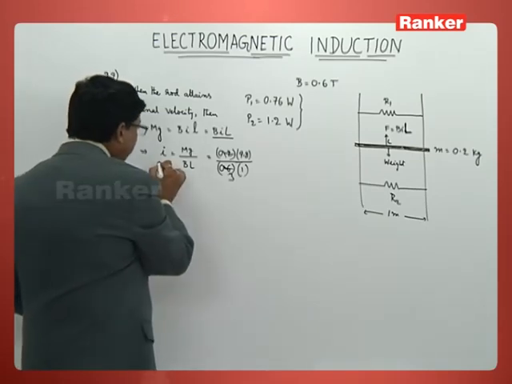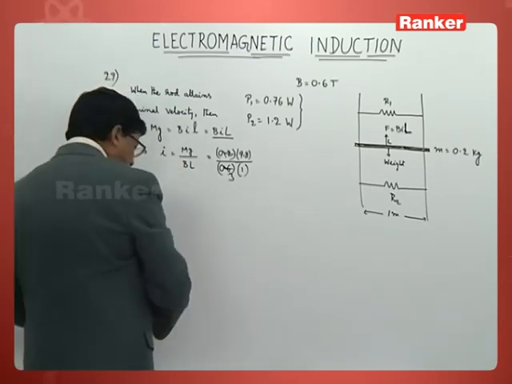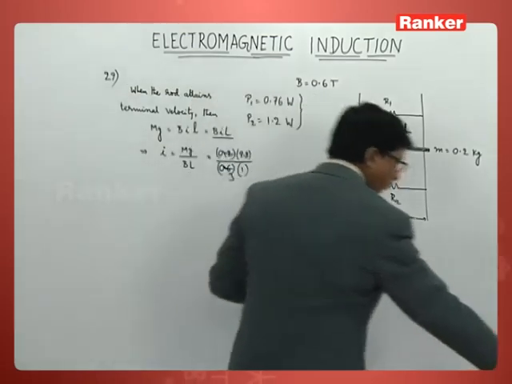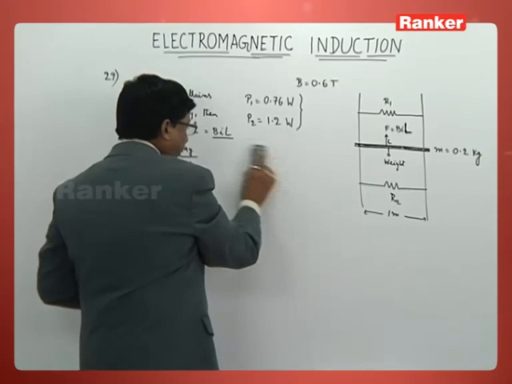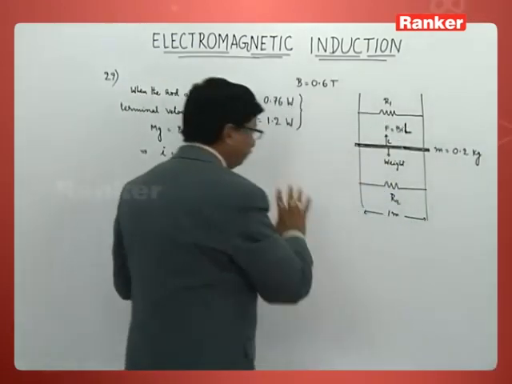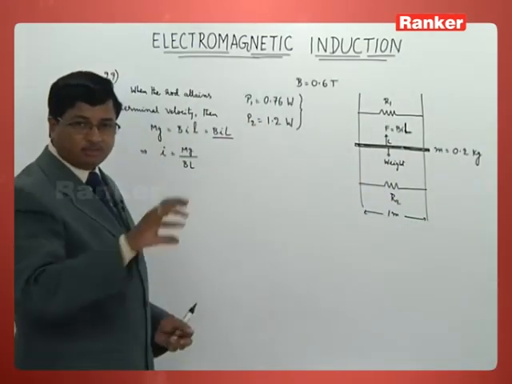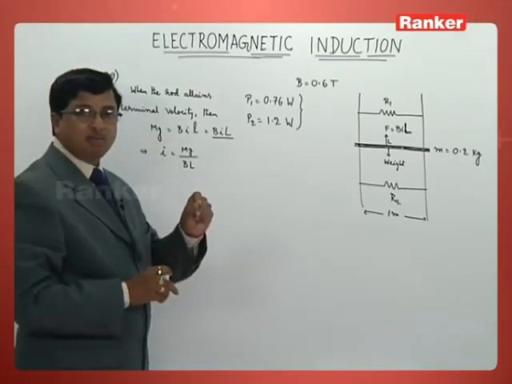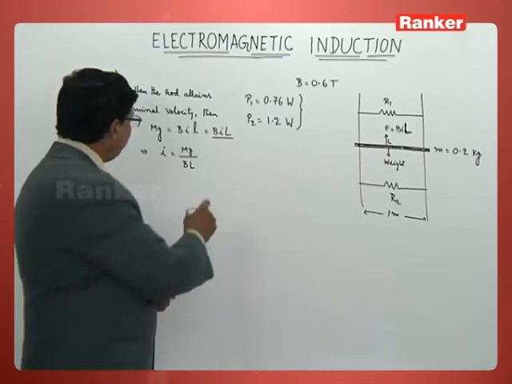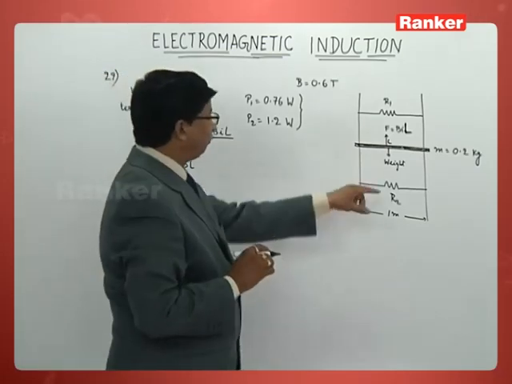But observe this point carefully, or else we can calculate the things later also. We can calculate the value finally also. There is nothing in that. I will write all the steps first. If you take I is equal to mg by BL, what is this I now according to this?